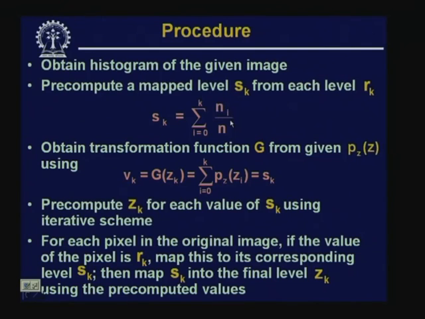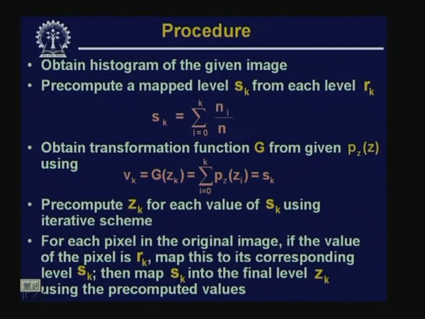Then from the target histogram, you obtain the mapping function G, and for that this is the corresponding expression. Then pre-compute values of zk for each value of sk using the iterative scheme. And once these two are over, I have a pre-computed transformation function which is in the form of a table which maps an input intensity value to the corresponding output intensity value.